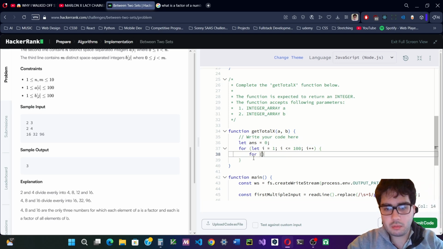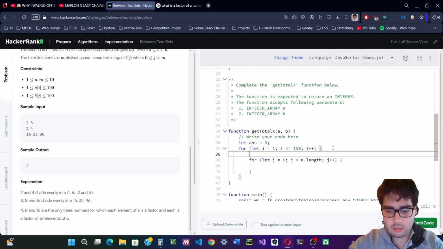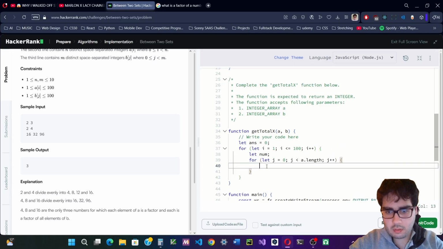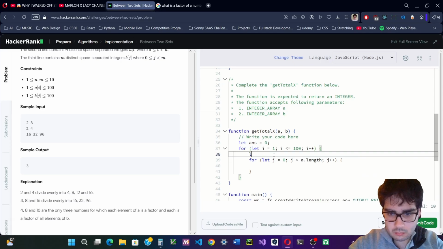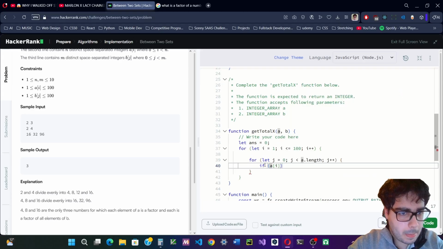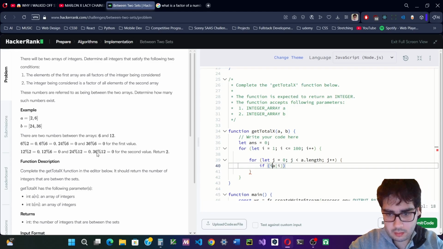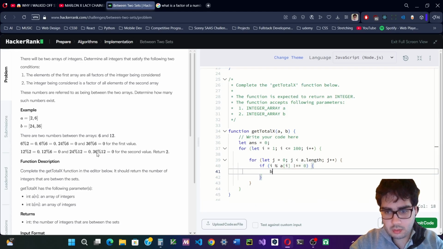So we're gonna have for let j = 0, j less than a.length, j plus plus. If a of i not equal 0, break.